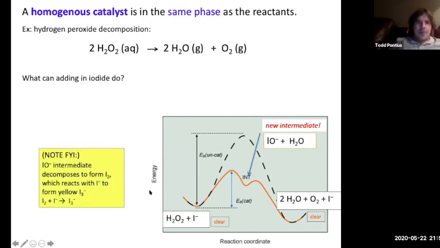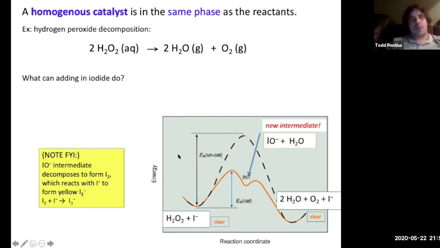So you can actually see this reaction occurring because you end up forming this yellow I3 minus chemical species as sort of a byproduct during this reaction. So if you do this, it turns yellow. We'll see this in a moment. And then the reaction proceeds and it goes much, much more quickly. So we'll visualize this in a moment.